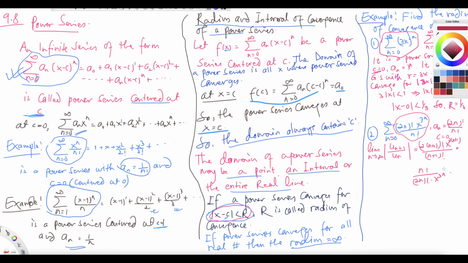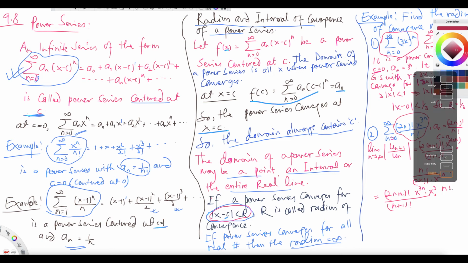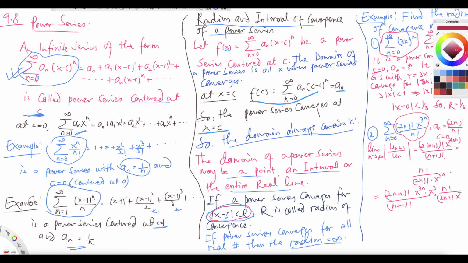Okay, so this is what you get. If you simplify that, you get (2n+2)!, and then x^(3n) times x^3, divided by (n+1)! times n! divided by (2n)! and then x^(3n).